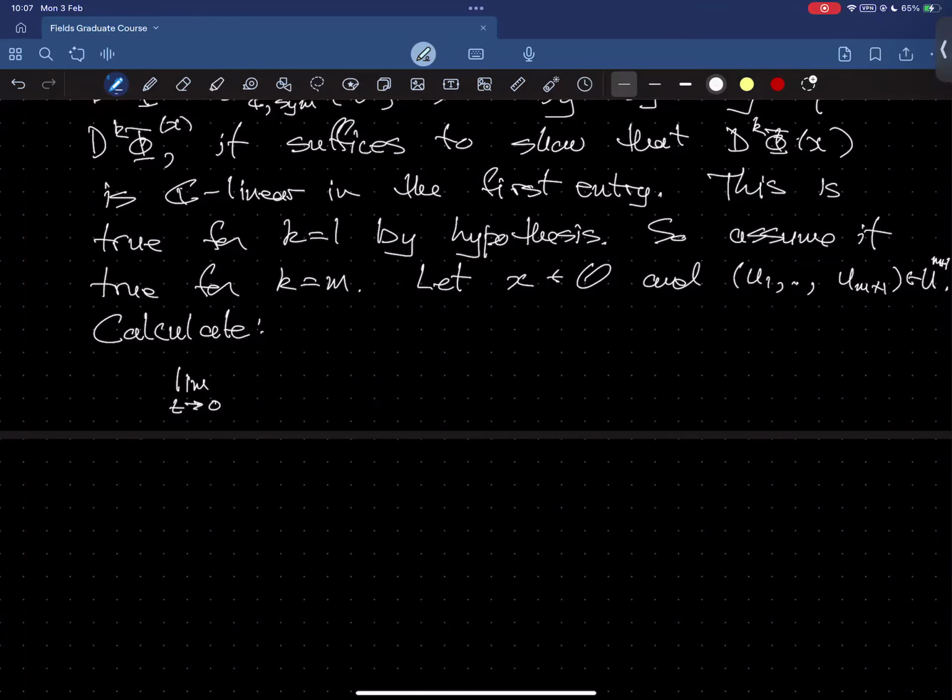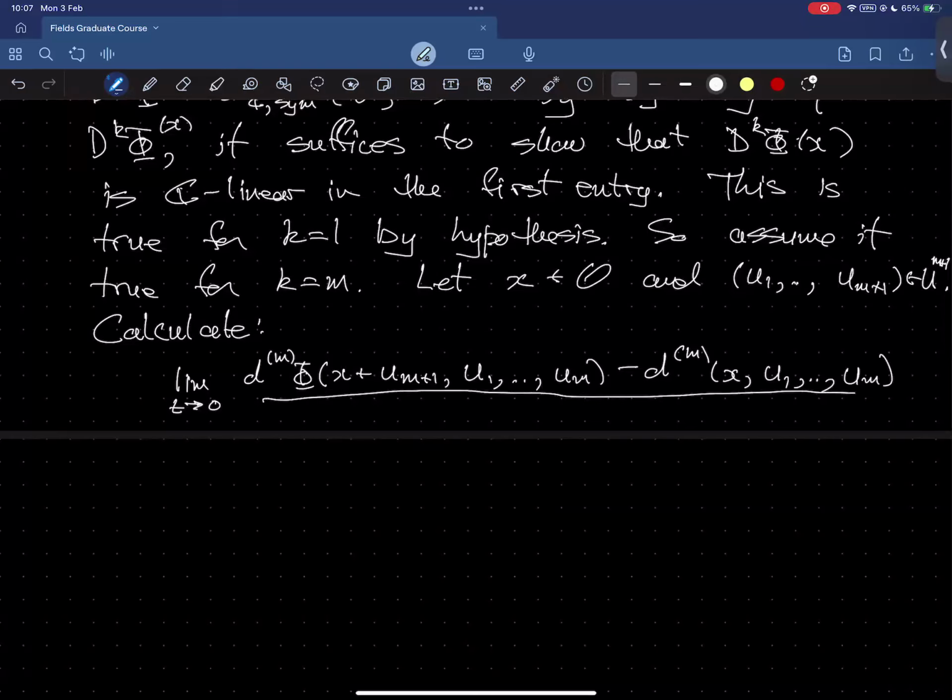So to calculate the m plus first derivative, I'm going to take the difference quotients of the mth derivatives. So d^m phi of x, and I'm going to differentiate in the direction of u_{m+1}, evaluated at u1 up to u_m, minus d^m phi of x at u1 up to u_m, over t.